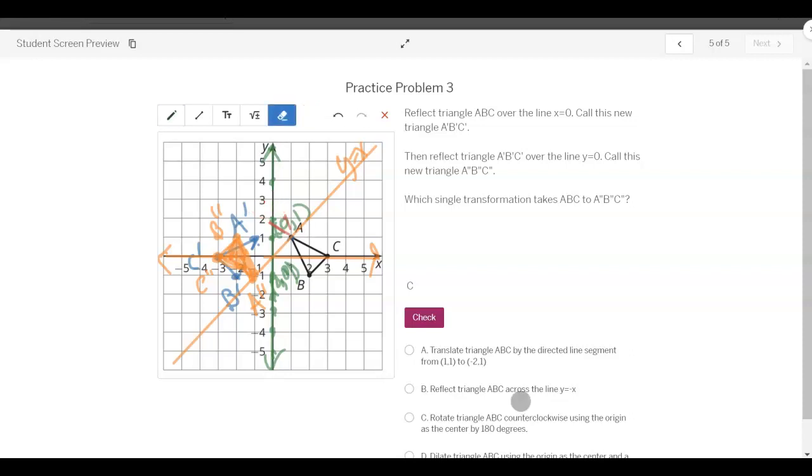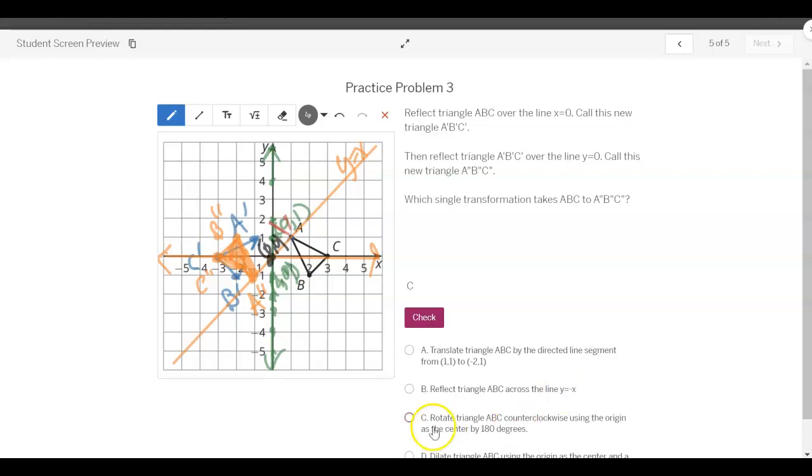C says rotate triangle ABC counterclockwise using the origin as the center by 180 degrees. Okay, so we remember what the origin center is, right? Let's just put it here. Origin is 0, 0.